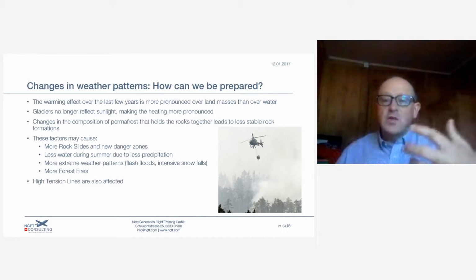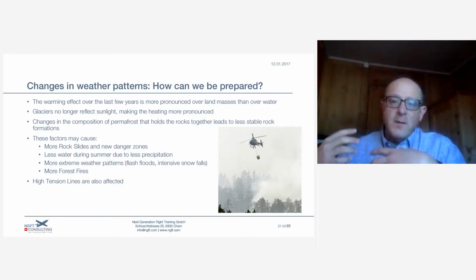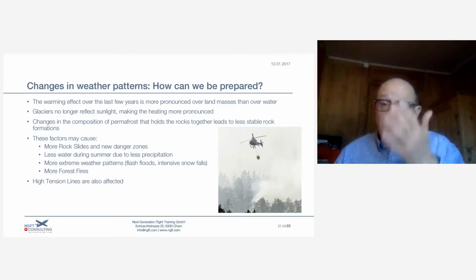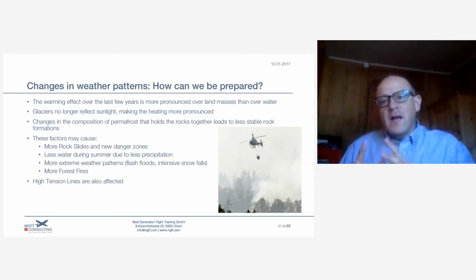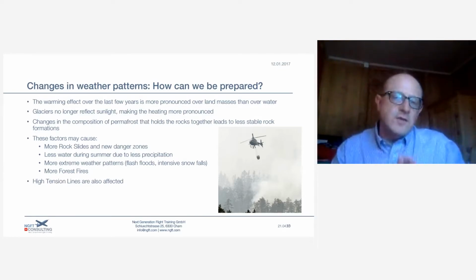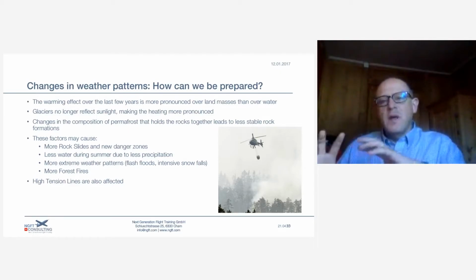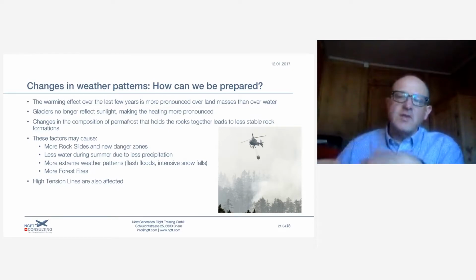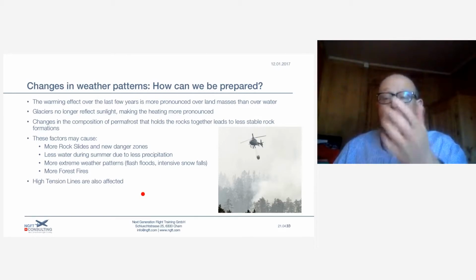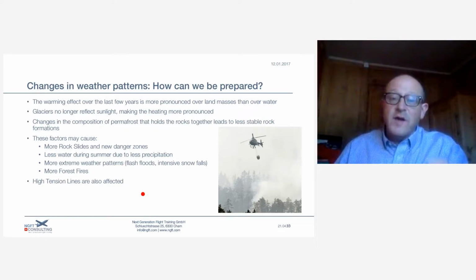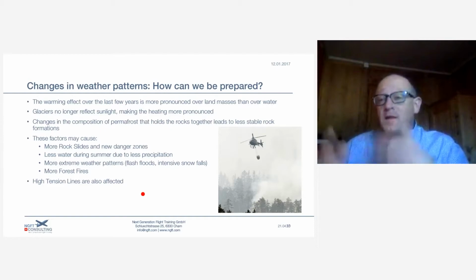That can lead to meteorological phenomena, catastrophes that we have to think about. It's not really about the actual type of operation that we do, but rather it's about, how can we perform our operation in a changed environment? I think that's what it comes down to. How can we prepare for that? If we have extreme forest fires, is there something we can do about that? And thinking about these things.